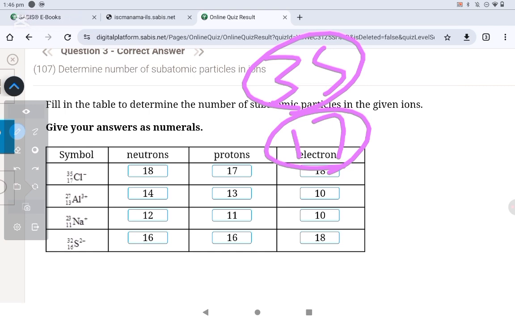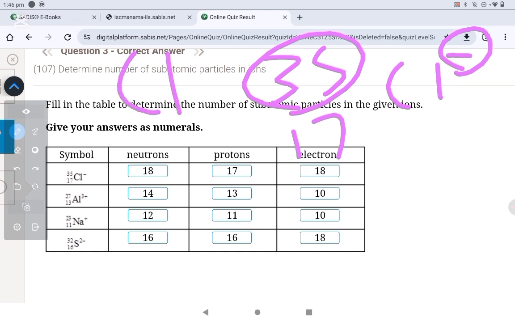And electrons will be 18 because it's Cl minus, so we're adding an electron. If it was just Cl, electrons and protons would be the same. If it's Cl minus, then electrons increase by 1, and if it was Cl plus, electrons would decrease by 1. Okay, so in this case we have Cl minus, so it's going to increase by 1.